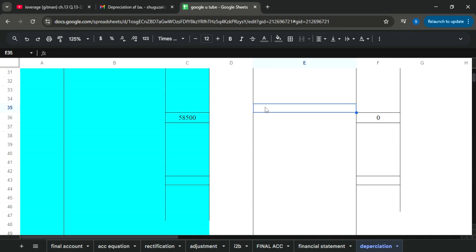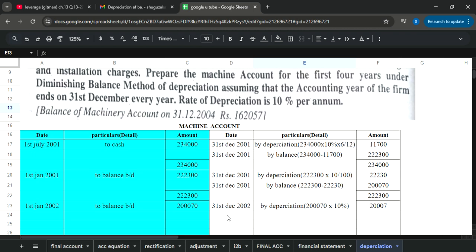So 31st December 2002, and here you will calculate your balance. The easiest way of calculating balance is to just subtract this amount of depreciation from the value of asset.